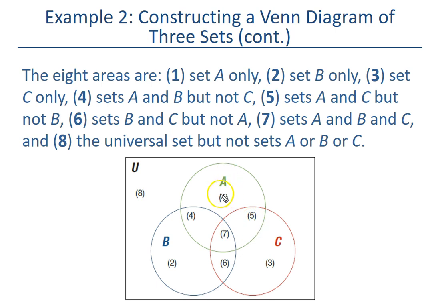So this would be only in A, only in B, only in C. This would be intersection between A and C, but only in A and C. That would be 5. 7 would be intersection of all 3, and so on. And that's what they're describing up here.